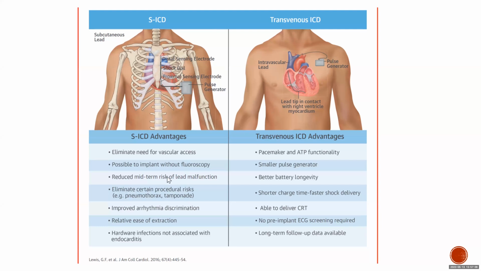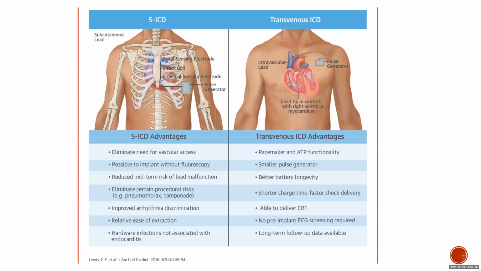These are the advantages. The advantages of the transvenous ICDs are they're smaller. The device itself is bigger for the subcutaneous ICD. The transvenous can pace and can be an ICD, whereas subcutaneous is only for ICD. So you can't do CRT using subcutaneous ICD, at least not for now.